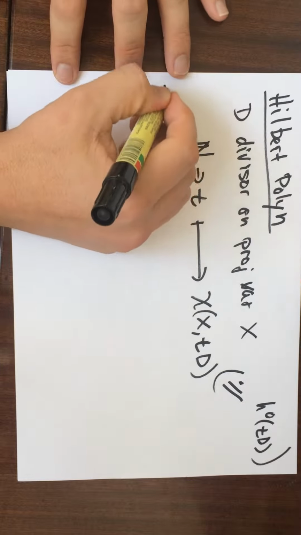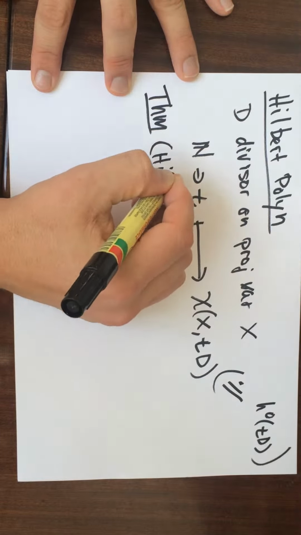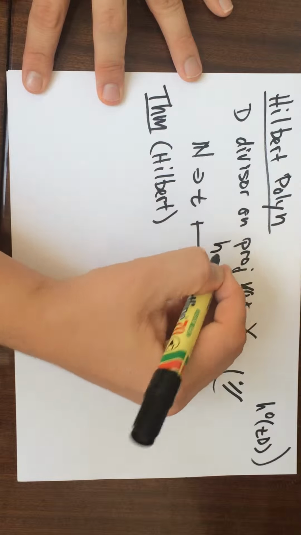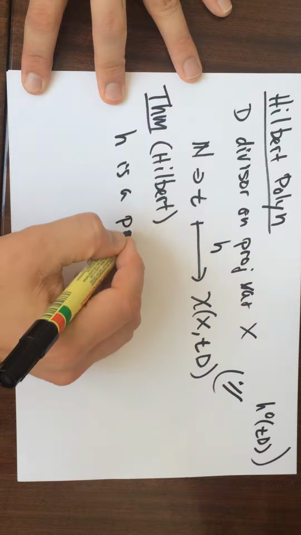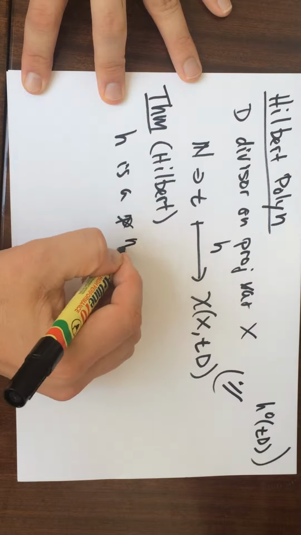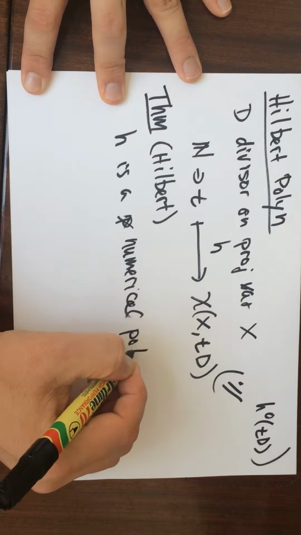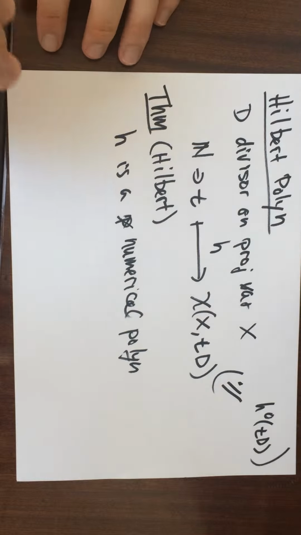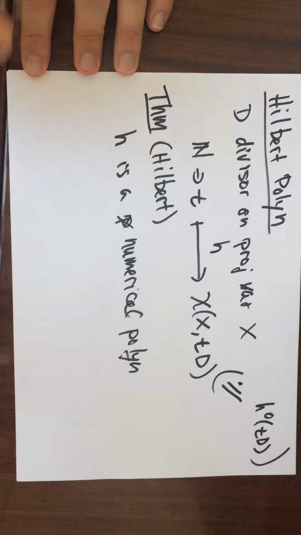But first, let me state this theorem, which is originally due to Hilbert: this function h is actually a numerical polynomial. By a numerical polynomial, I mean a polynomial with coefficients in Q such that when I plug in integer values, I get an integer back.